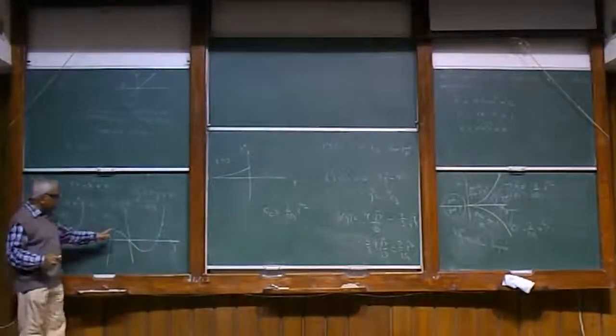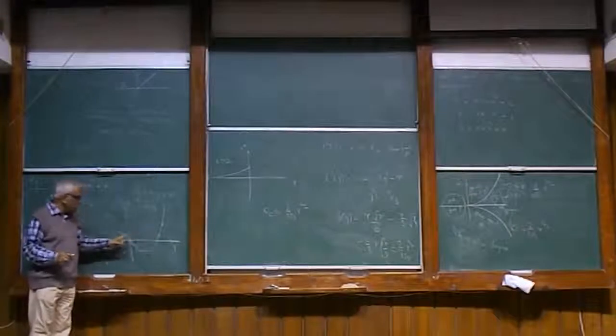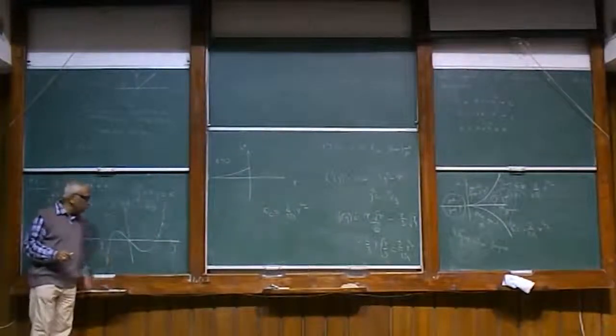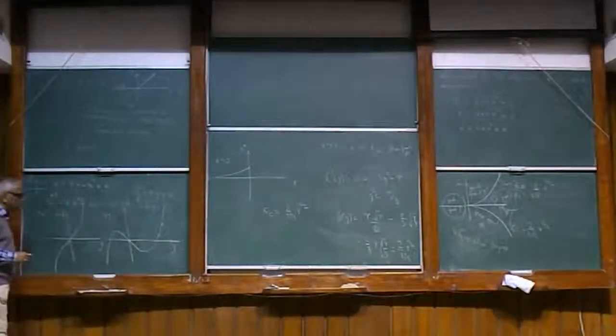So here is r greater than 0. I have got these three fixed points over here.